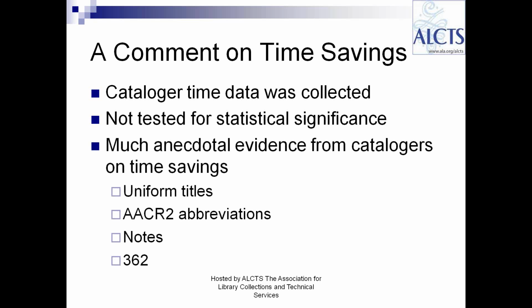Catalogers specifically reported, and actually still do occasionally if I'm talking with someone about it, that with uniform titles, what you had to do prior to the CONSER standard record was determine whether there was an identical title proper already sitting in your database, whether that's OCLC or your local catalog or whatever.